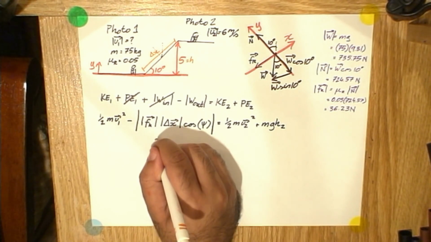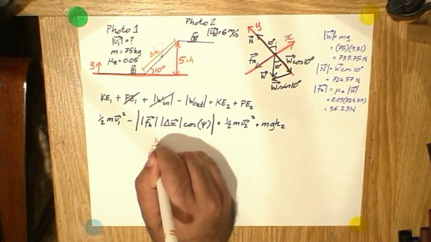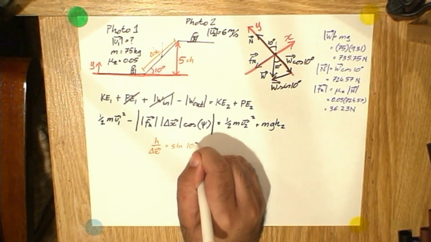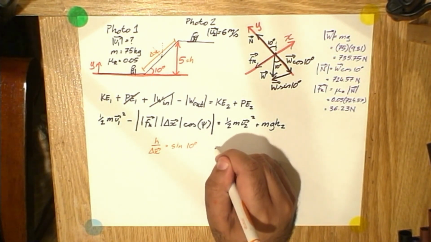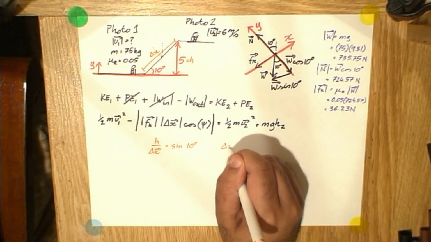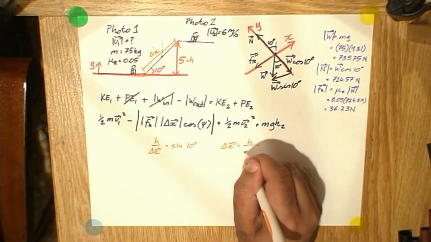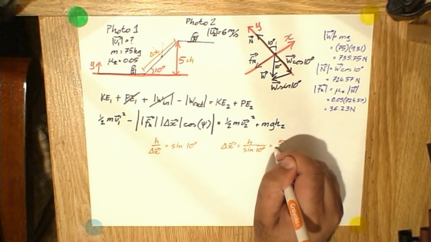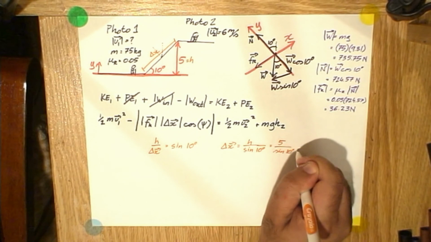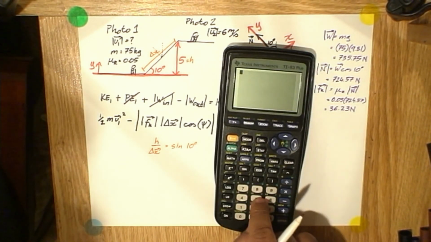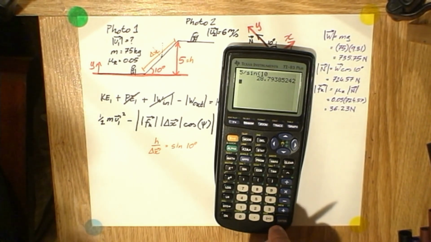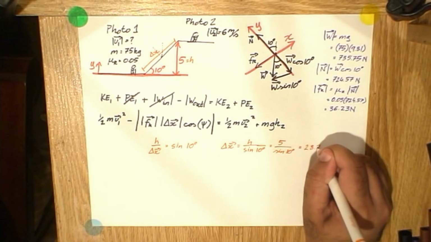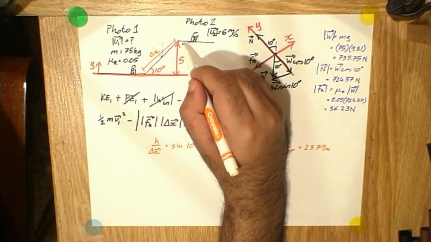So I could say that height divided by delta x equals the sine of 10 degrees, or equivalently that delta x equals height divided by sine of 10 degrees. We know that the height is 5, so 5 over sine of 10 degrees will give us 28.79. So that's the length of this slope.